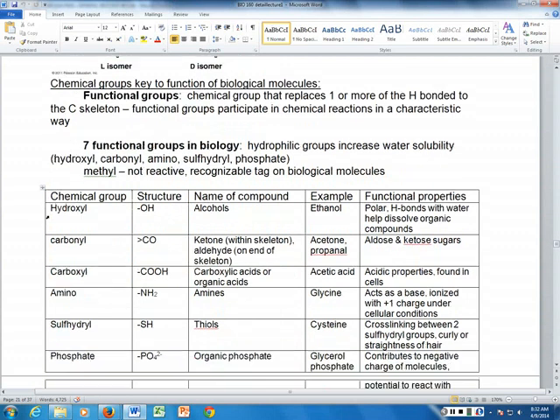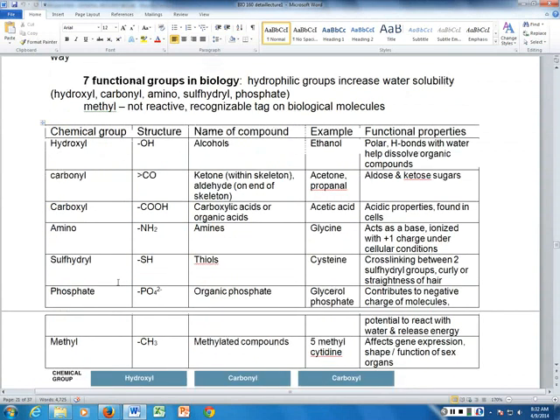So when you look at the carbon skeleton, there are different functional groups that can get attached to the carbons. And that's what all of these are, those functional groups. You've got your chemical name here, your structure, the name of the compound. So your hydroxyl group, those tend to get put on things that you want to help dissolve the compound.